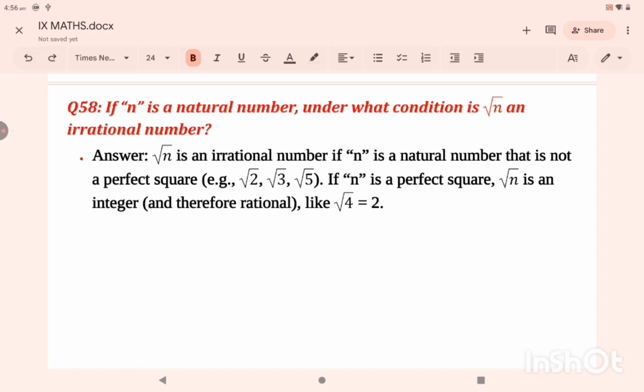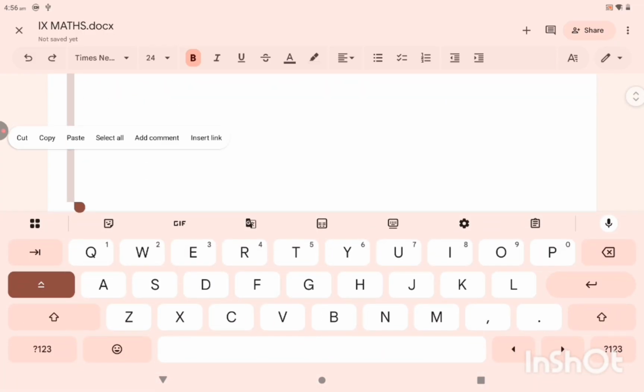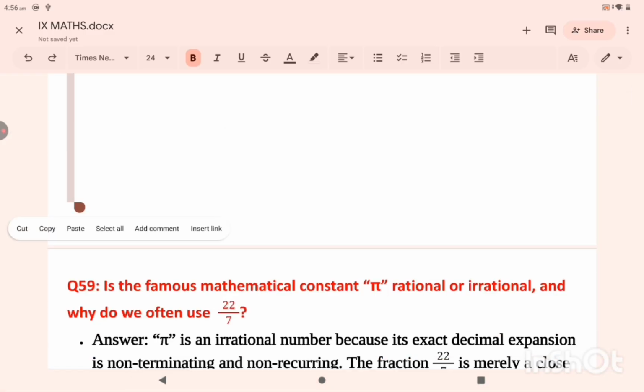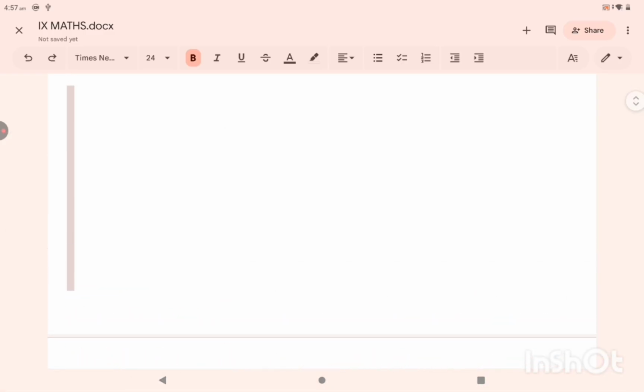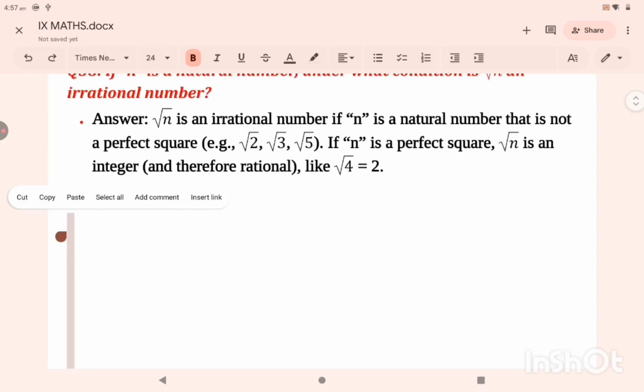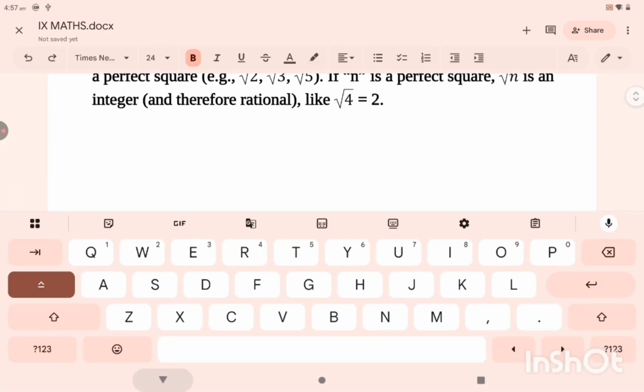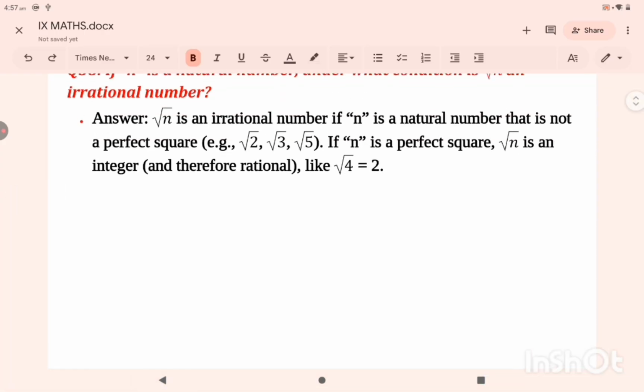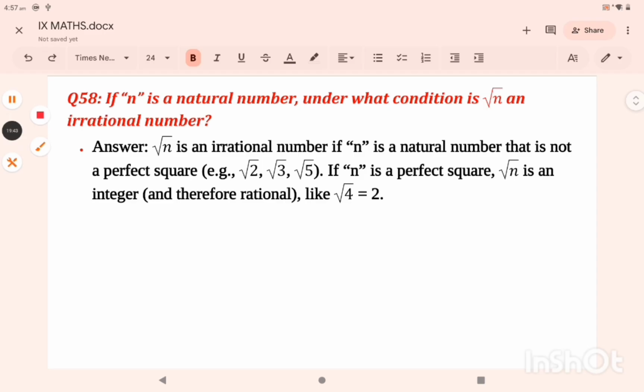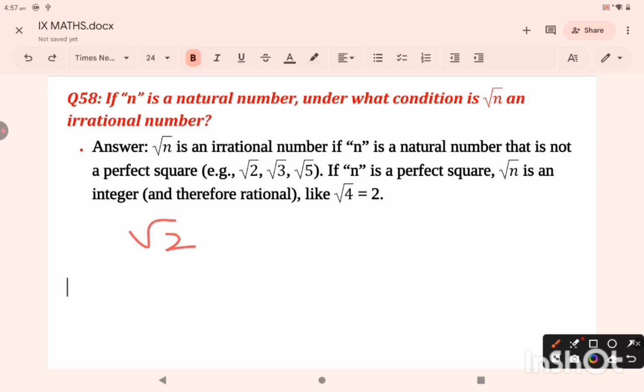For example, root 2. 2 is a natural number.